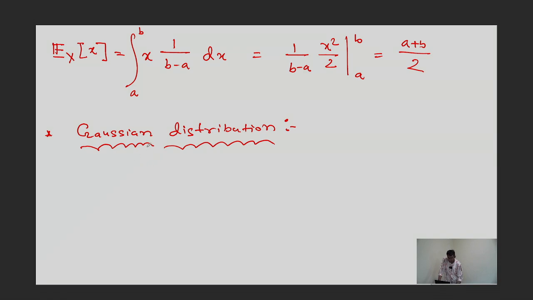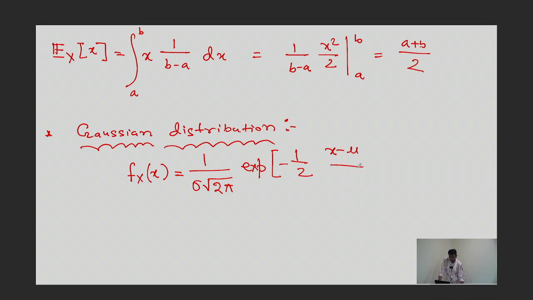So Gaussian distribution: 1 by sigma root 2 pi, exponential of minus half, x minus mu by sigma, whole square.